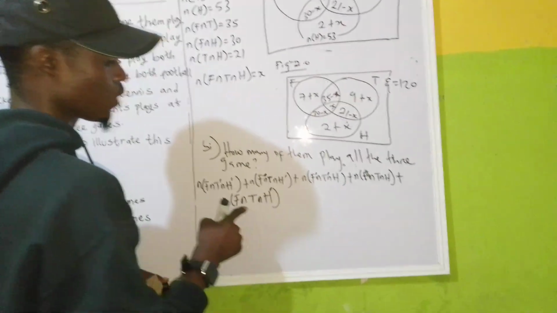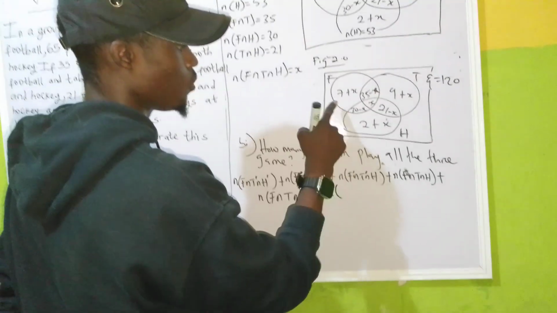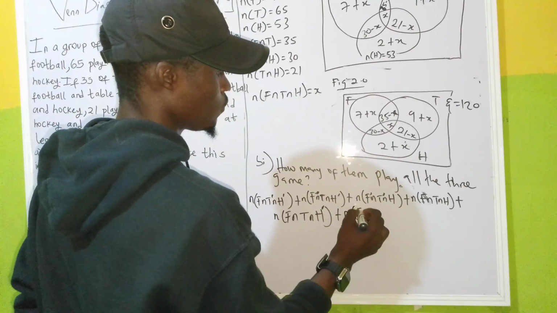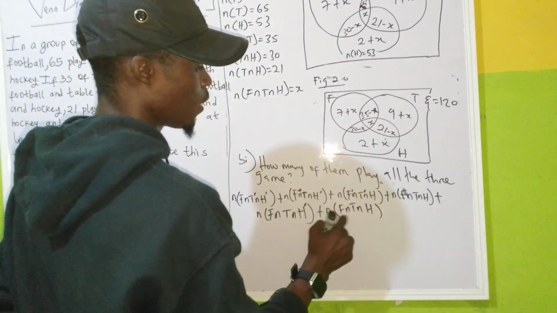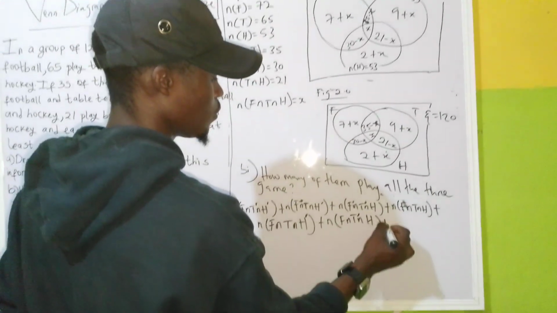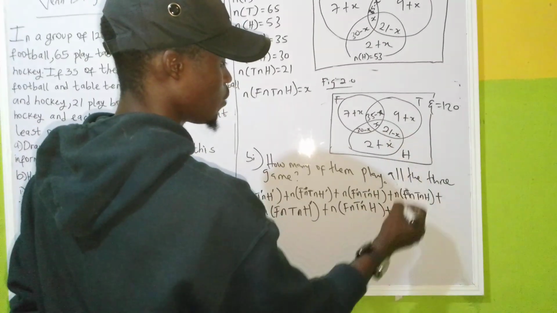This one will carry prime because I'm talking about football and tennis here, plus football and hockey. We are talking about football and hockey, so this one will carry prime. So football, hockey and table tennis.